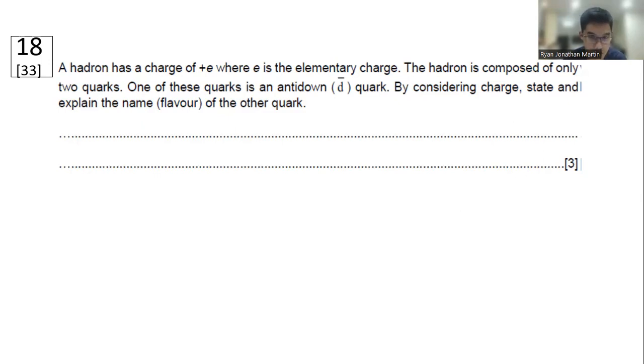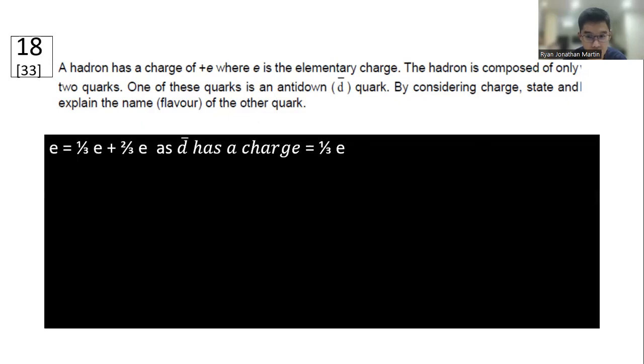Could it be a charm? Okay, you are told it has a positive charge, and then it's anti-down. Down is minus 1/3, so anti-down is plus 1/3.